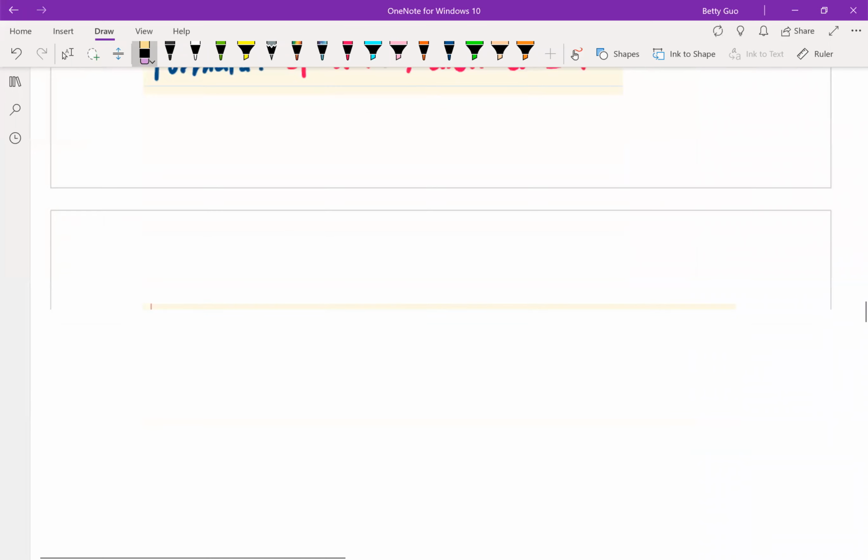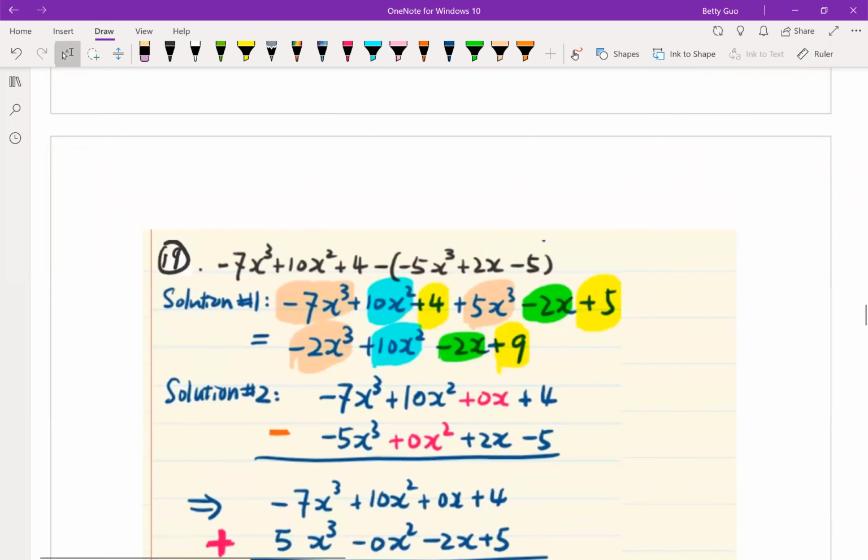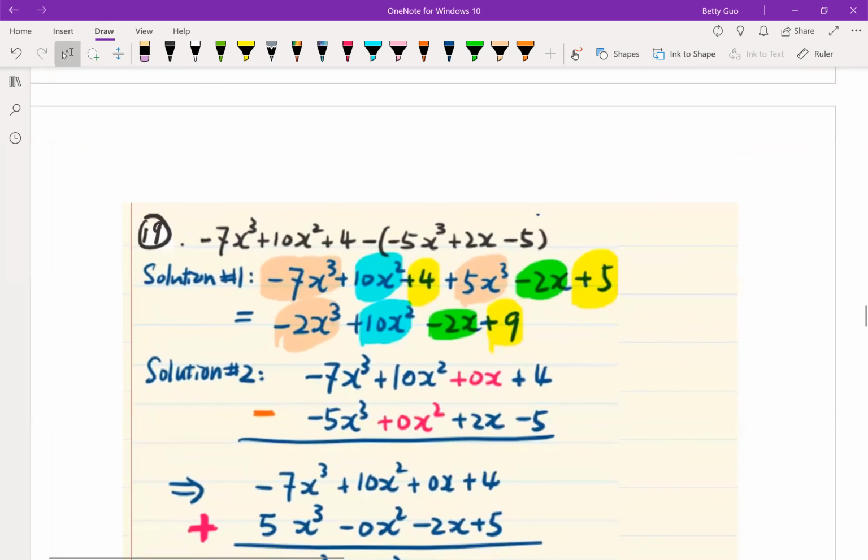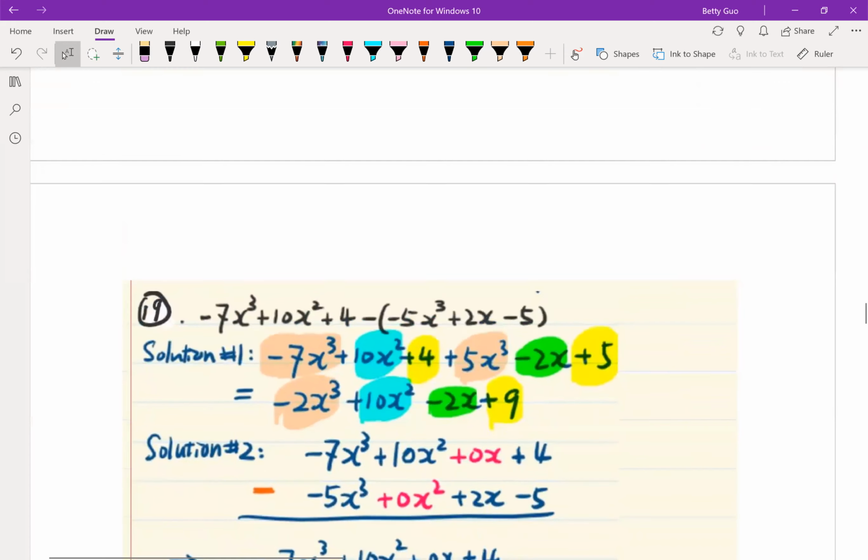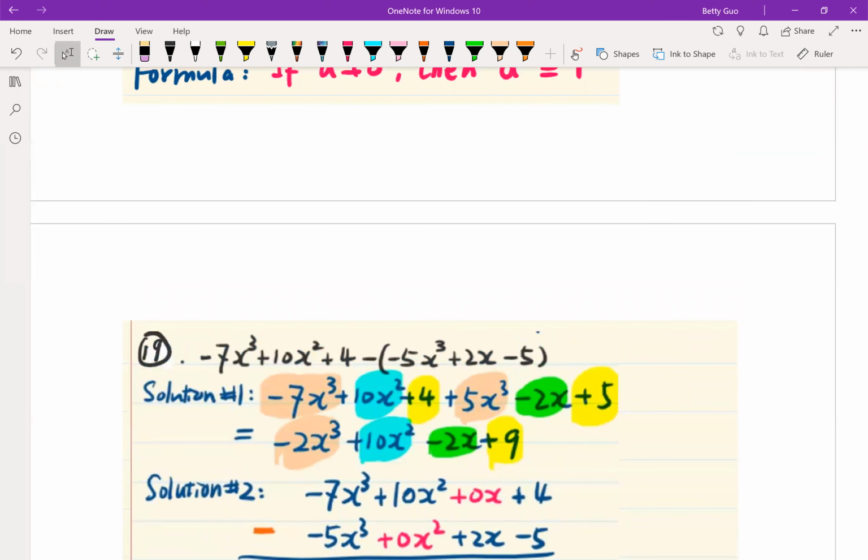That's number 18. Number 19, subtracting polynomials is pretty easy. So let's just take a little bit of time to process this. -7x cubed plus 10x squared plus 4 minus, inside the parentheses, -5x cubed.